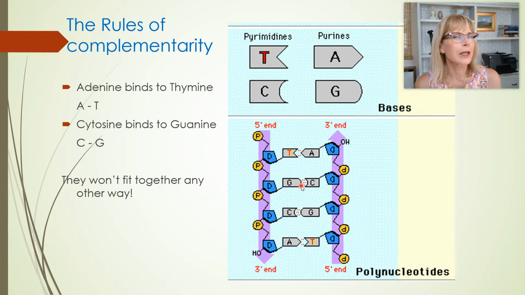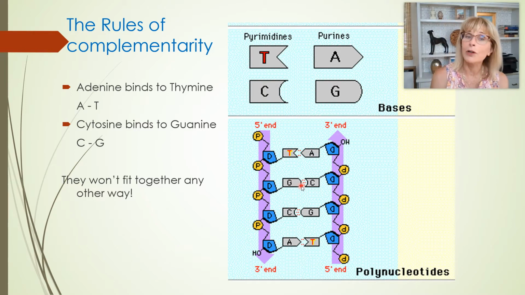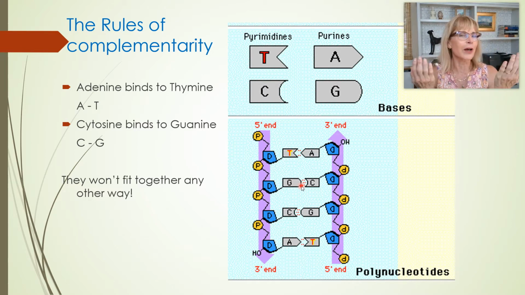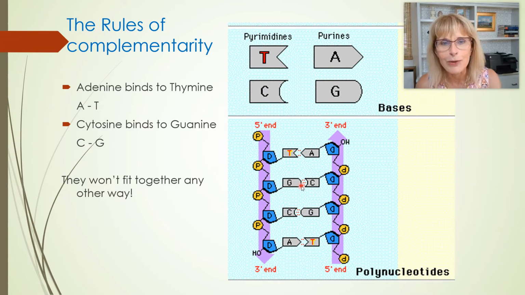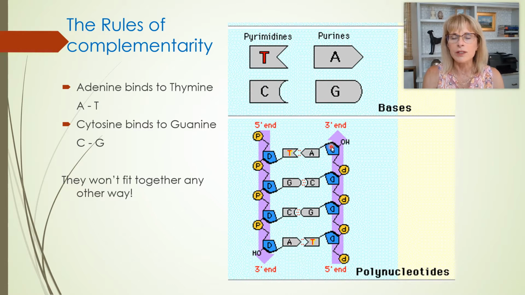Now, a long time ago, when we were talking about different kinds of molecular bonds, I told you that there are four important kinds of molecular bonds to allow life to do what it needs to do. So let me remind you that covalent bonds are super strong bonds, and covalent bonds hold this deoxyribose to that phosphate.